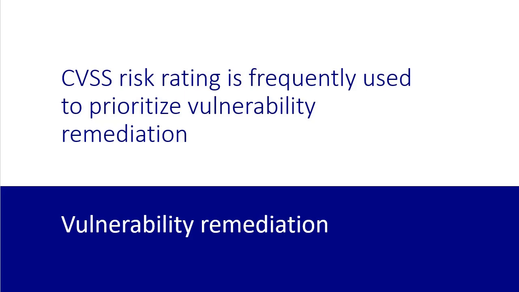Generally, this number is from 1 to 10, with 10 being the worst. This number is usually what people use to prioritize which vulnerabilities they fix first. If it's critical, with a value of 9 or 10, they'll patch those first, which makes a lot of sense in one way, but here's the problem with that method.